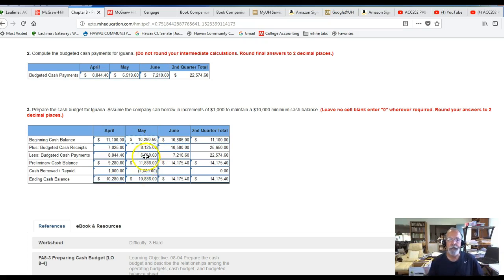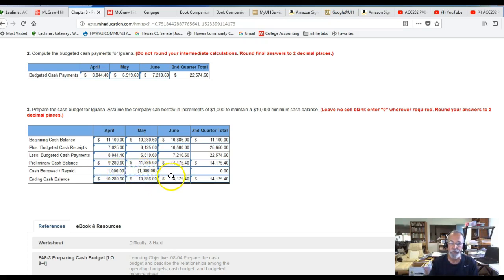And then we fill in May budgeted cash receipts, subtract May cash payments, calculate the preliminary cash balance, and now we can see that we're at 11,886. So we are over 10,000 in an amount sufficient that allows us to repay that $1,000 that we borrowed for April.